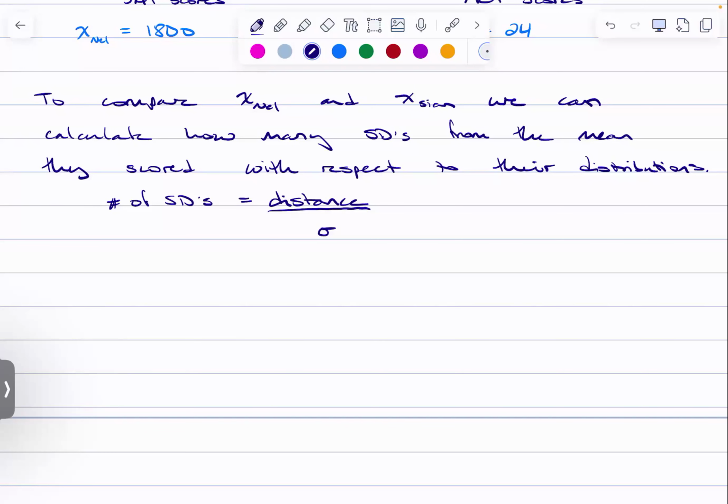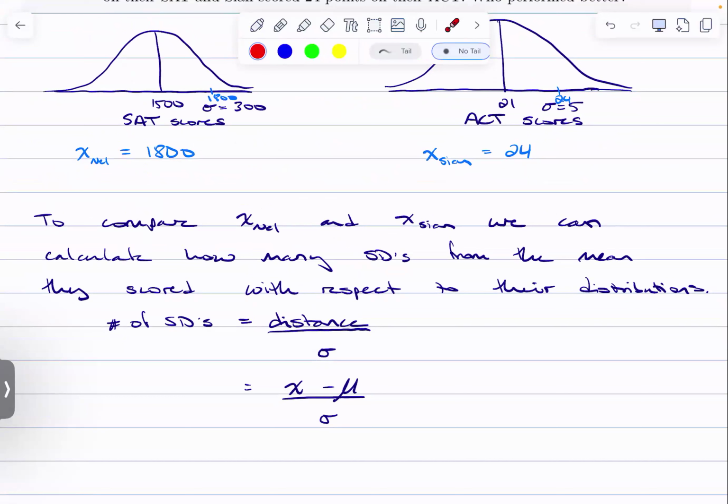In fact, we're going to use x minus mu over sigma, finding that distance by taking our observed value, the value that we're interested in, and subtracting the mean. By doing it consistently like this, what are we going to get? If values are above the mean, then we get a positive distance, but if values are below the mean, then we get a negative distance.